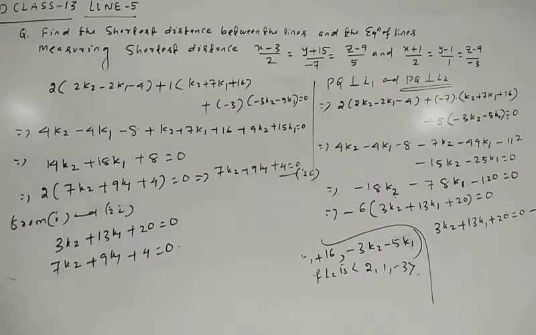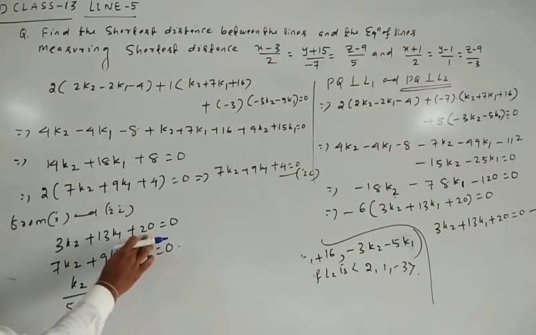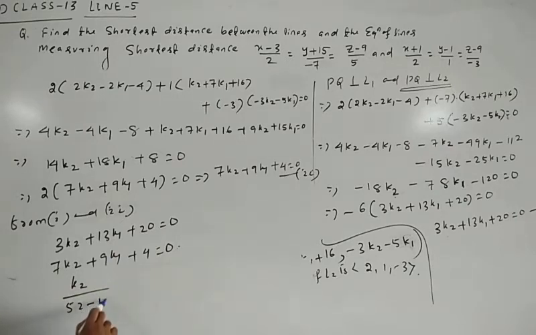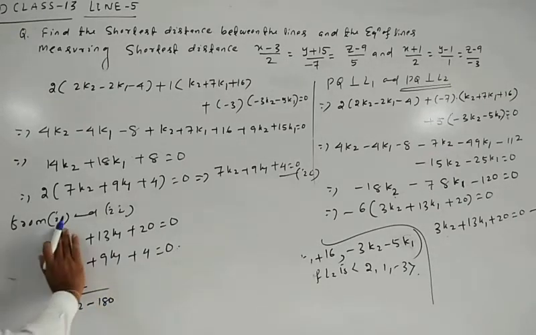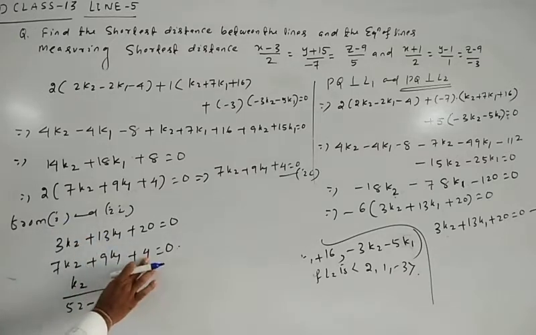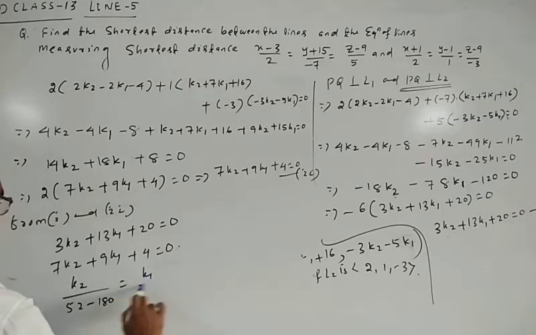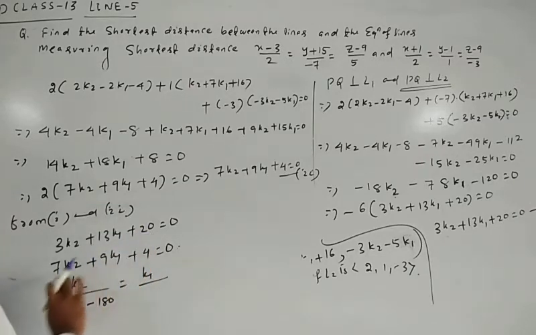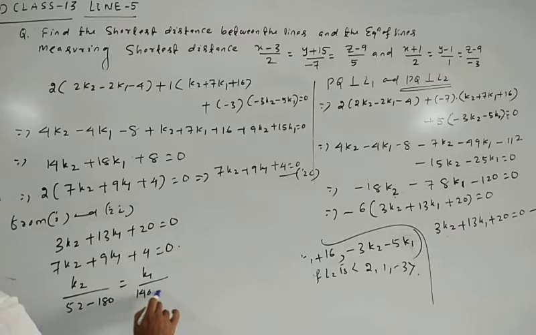By using cross multiplication method, that is K2 by 13 into 4 52 minus 20 into 9 180. So K1 by 20 into 7 140 minus 12.